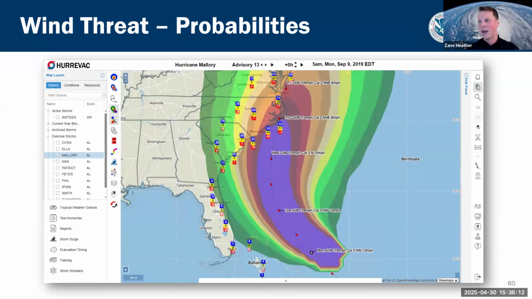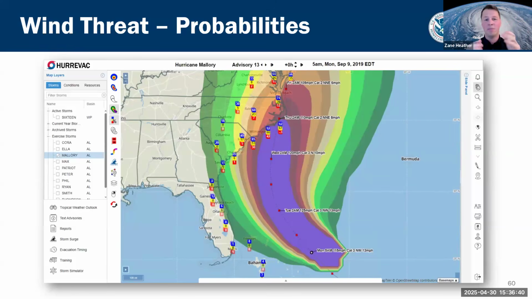Another thing to point out, most easily accessible in HRVAC, is location-based wind speed probabilities. Not only do you get that swath that tells you the percentages that you will experience this amount of wind in this area, and those are ranges of percentages, but you also get, at a specific location, the chance or percentage of experiencing tropical storm, strong tropical storm, or hurricane force winds.